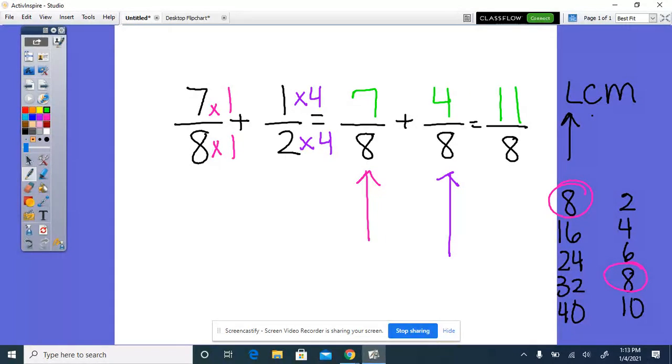It is simplified, but it's not displayed as a mixed number. We cannot leave it with the top being bigger than the bottom, with the numerator being greater than the denominator. So you need to ask yourself, how many times does 8 go into 11? And it goes 1 time. How many left over? 3 left over. Keep the same denominator. Is this in simplest form? Yes, it is. And so then we're finished.